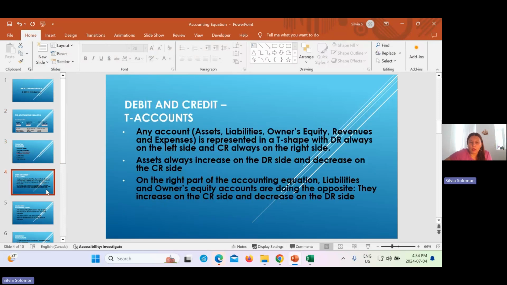Okay, so now what are the debits and credits? Any account under the big categories of assets, liabilities, owner's equity, revenues, and expenses is represented in a T shape, with the debit always on the left side and the credit always on the right side.